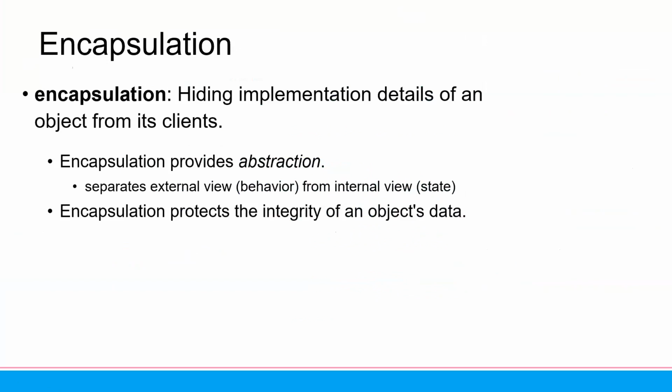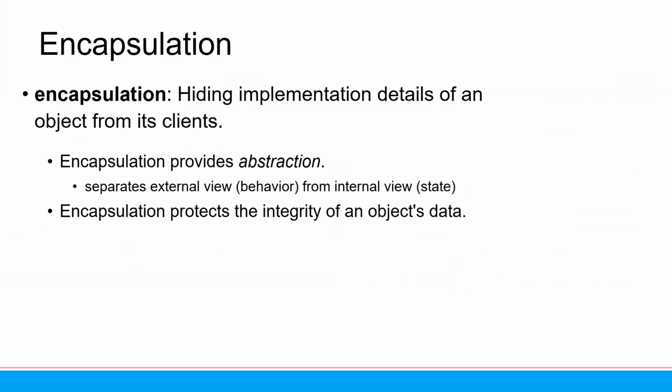We need to learn another concept about this object-oriented. We call it the encapsulation. So the encapsulation means hiding implementation details of an object from its client. So I do not want the client to know what is the data. You know, when you have your user ID, you do not want other people know your user ID.